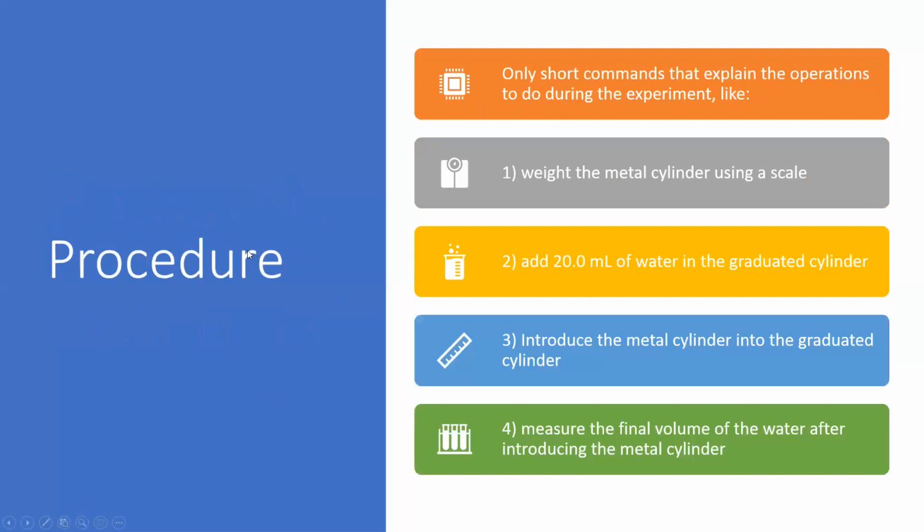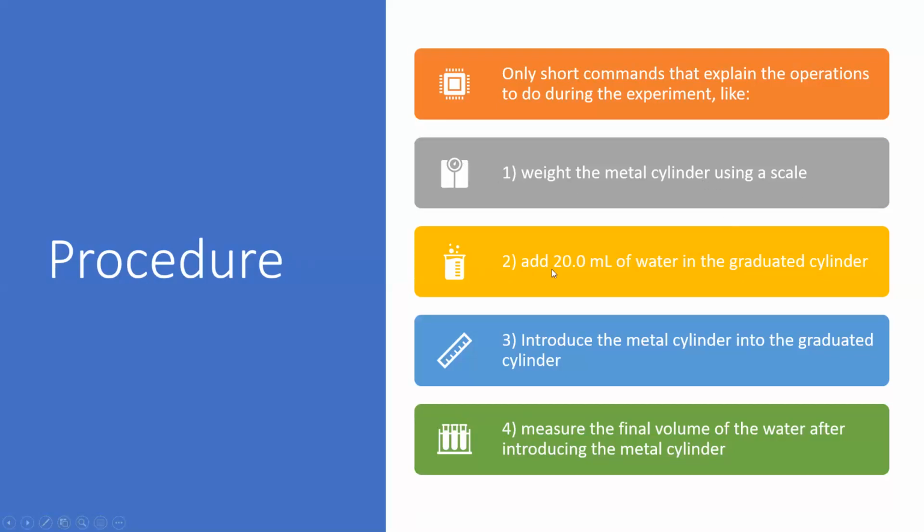The procedure. Here is maybe the most difficult part for you because in your case, you are going to watch videos. You have to write every step the professor is doing during the experiment. For example, number one, weigh a metal cylinder using a scale.